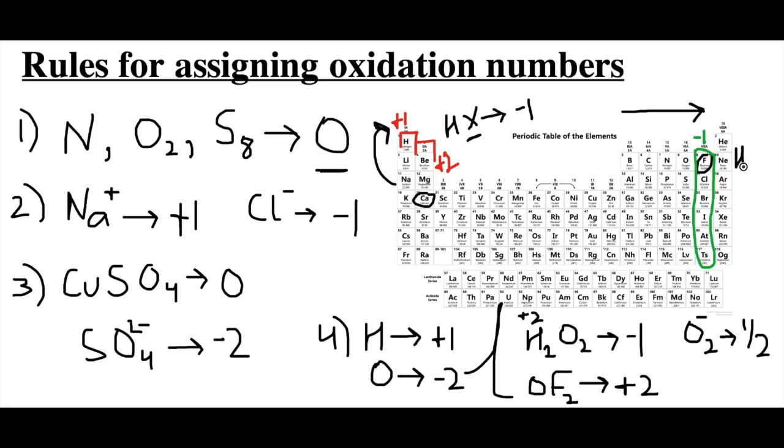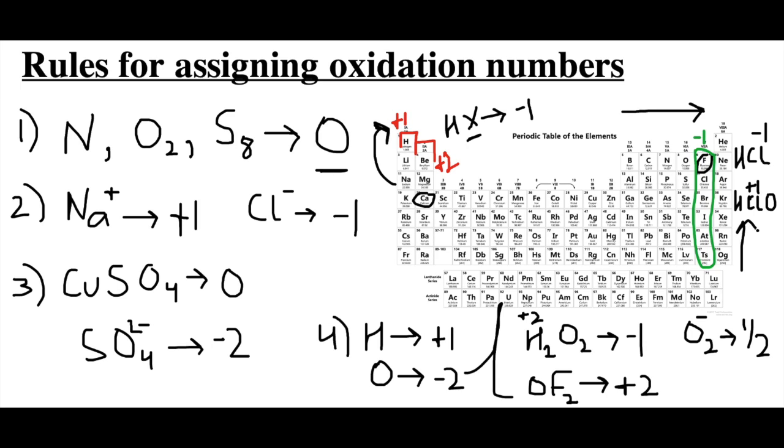When chlorine is in hydrochloric acid, its oxidation number is -1. But when it's bound to oxygen in this compound, its oxidation number is +1. As oxygen is more electronegative than chlorine, electronegativity increases as we move across the periodic table and also as we move up the periodic table.